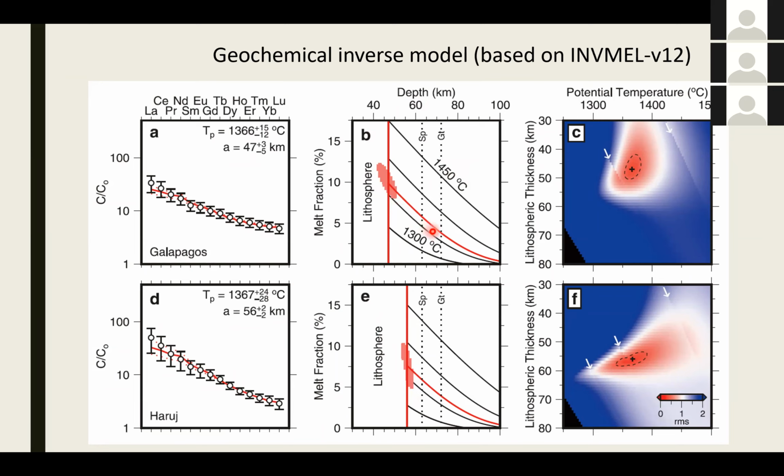This red curve is the melt fraction calculated by fitting the observed REE concentrations in panels A and D. And this is the misfit between observed and calculated REE concentrations, plotted as a function of potential temperature and lithospheric thickness, where the color scale shows the RMS value. When the RMS value is lower, it means the data produced by the model is more like the observed data, which is the real data.